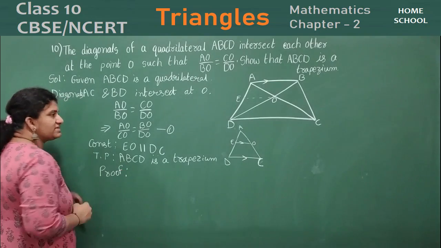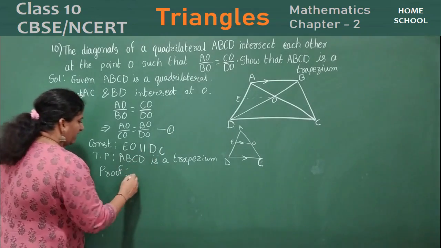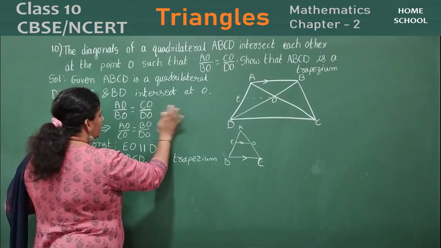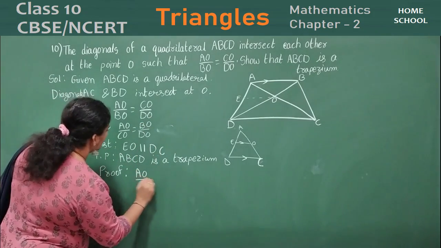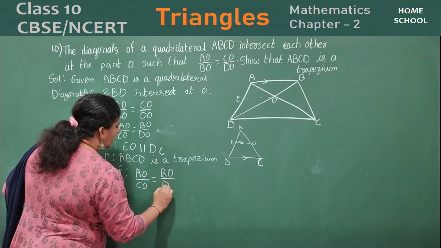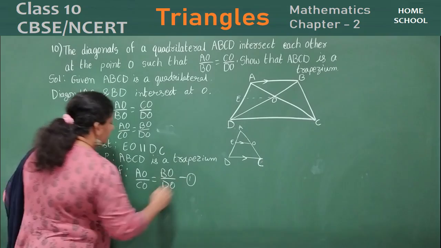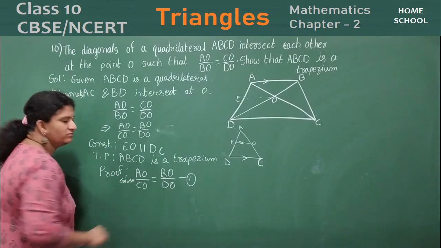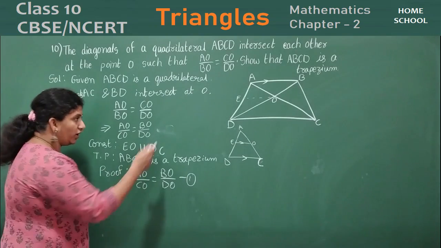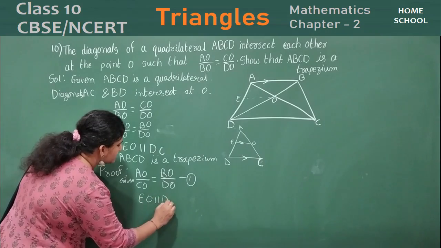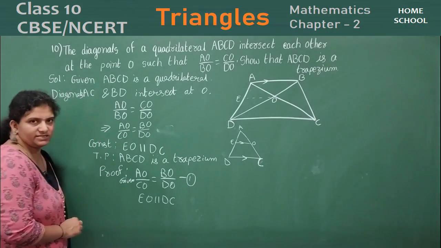Okay, so now let's start our proof here, children. How do we start our proof? Given. What is given here? If you want, you can mark this ratio here. AO by CO is equal to BO by DO. Let's mark it as the first equation, and you can write this as given. Second thing I need to do here: we have done the construction such that EO is parallel to DC.